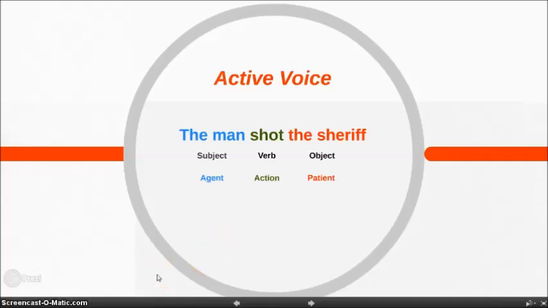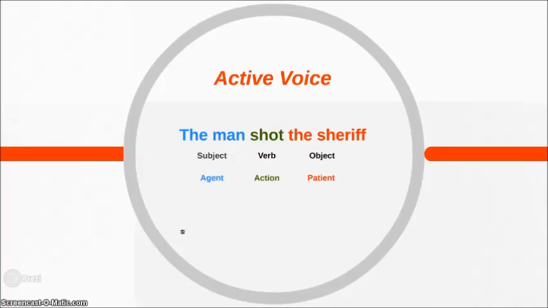Here we have the syntax, which is composed of the subject, verb, and object, but the pragmatics is composed of the agent, action, and patient. What's the difference between those? In the syntax part, the man is the subject, because you have the, which is the article, and man is the noun.